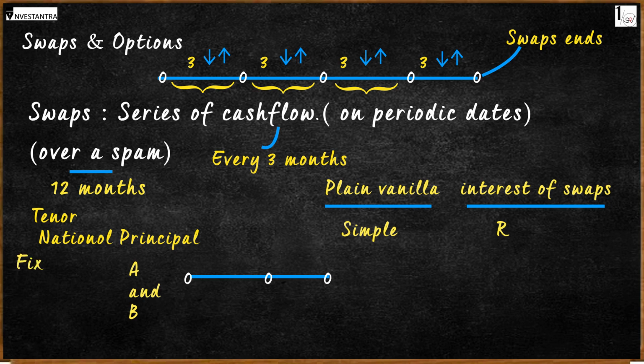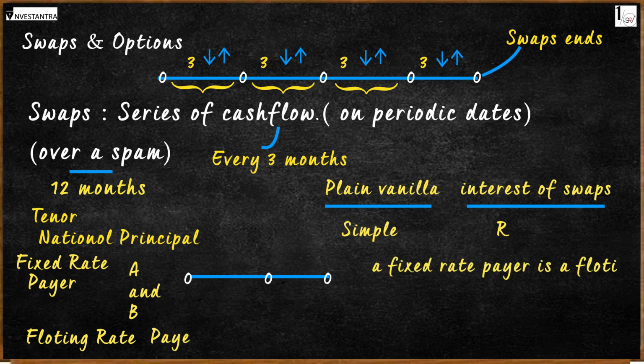I mean, it can be the other way as well. And B will be the floating rate payer. I put that in another color because fixed rate payer and floating rate payer can be vice versa.